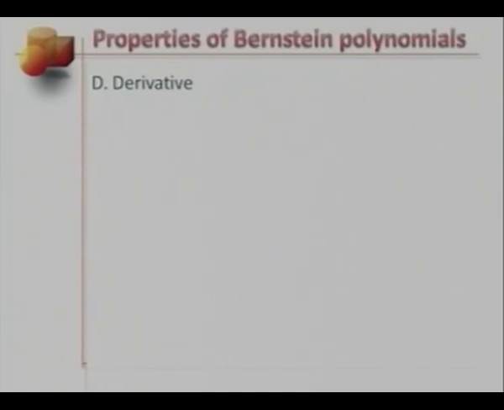Let's look at some derivatives of Bernstein polynomials. We'll be needing these derivatives later to design composite Bezier curves, to impose slope and curvature continuity conditions at junction points between individual Bezier segments.